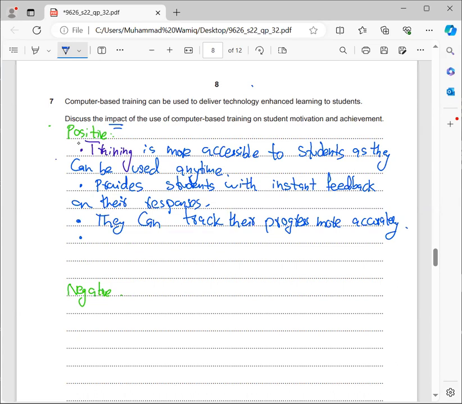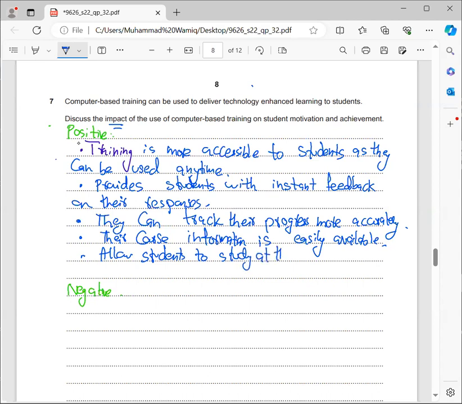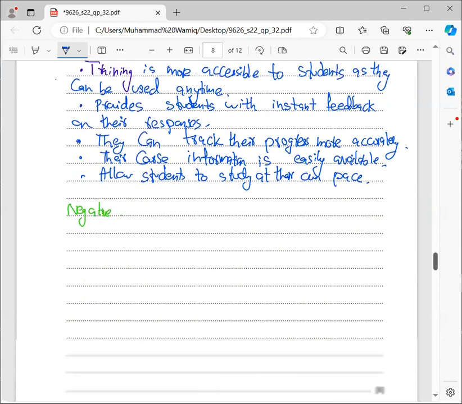Fourth point can be their course information is easily available. Now, this is more than enough, but I'm writing an extra point here. Allow students to study at their own pace. As far as negative impacts are concerned.